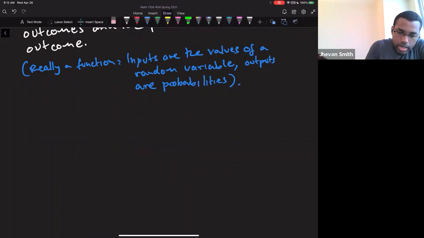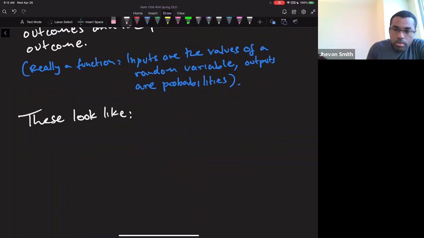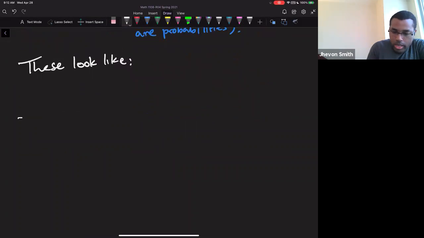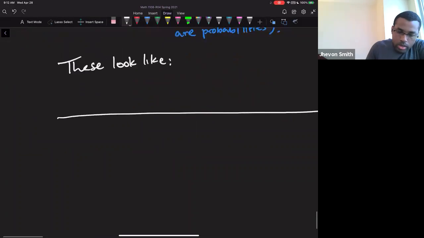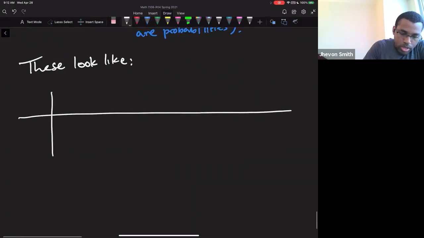So these look like this: you're going to have a table with 2 rows. You're going to have x, some random variable here.